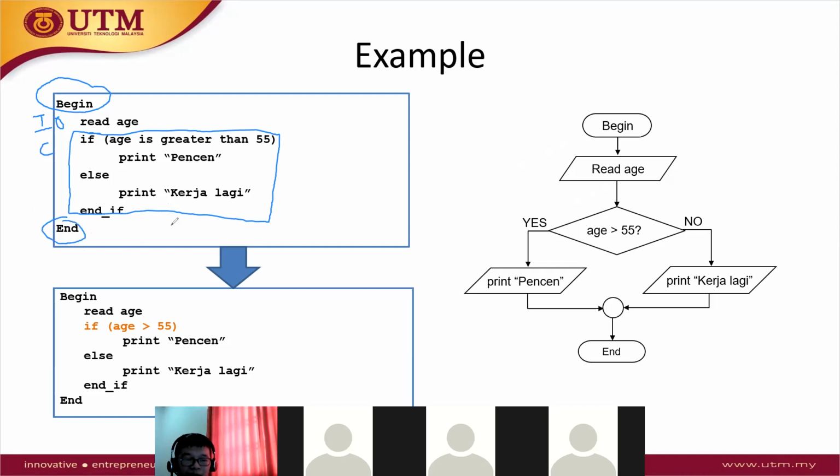So you need to know, you can write it this way or this way. Pseudocode doesn't have a proper format for you. You can write in this way also, or you can write in Word also. Pseudocode.